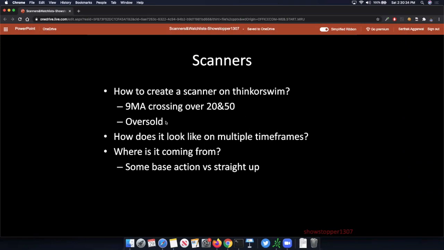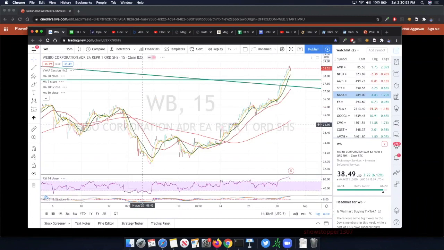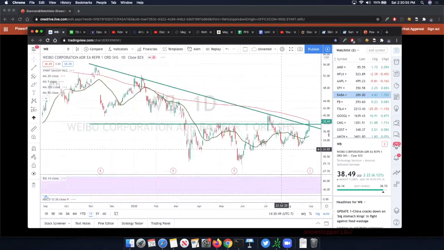Okay. So yeah, I discussed the 9-day moving average crossing over 20 and 50, then the oversold scanner. How does it look on multiple time frames? So what I mean by that was similar to this one, WB. If you look at this on daily, it broke out.